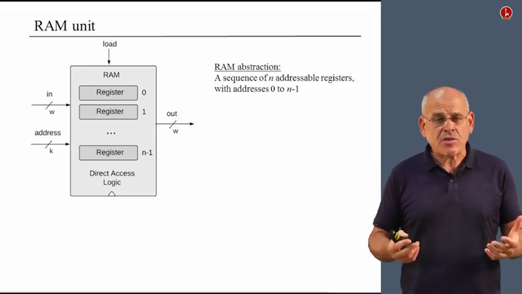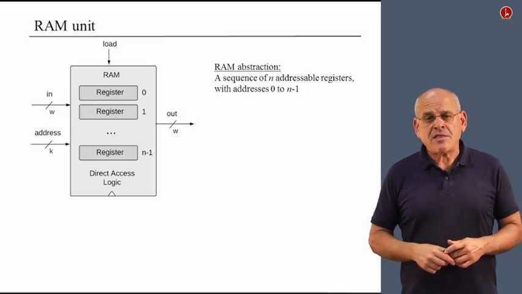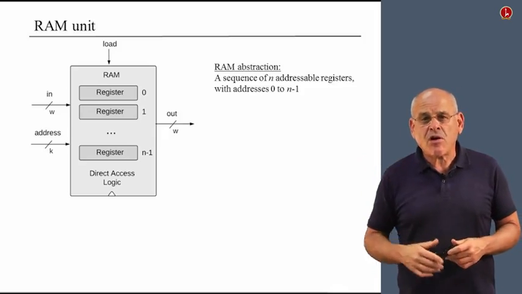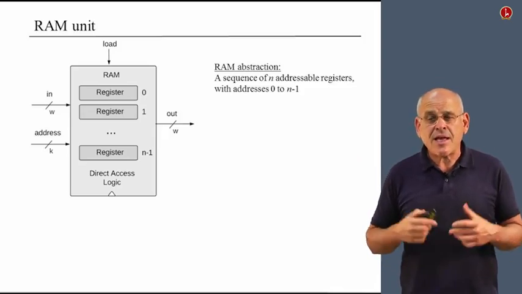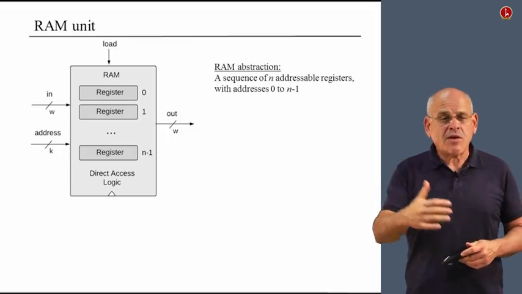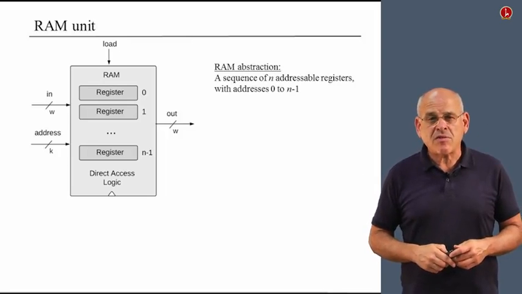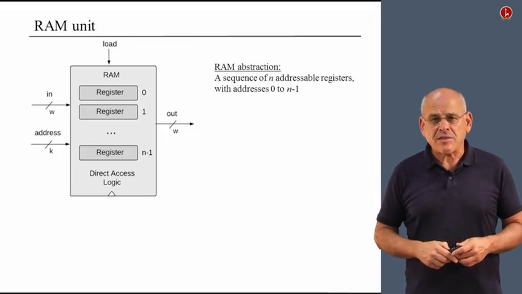The RAM abstraction, or the way we are used to thinking about memories, is that we think about them as a sequence of addressable registers. It's as if every register has an address that ranges from 0 to n-1 in the case of a RAM device that consists of n registers.